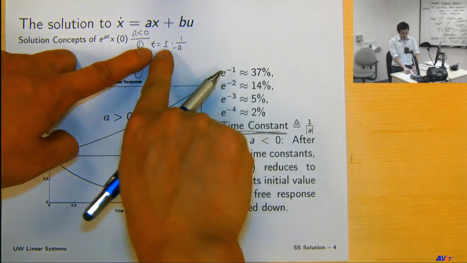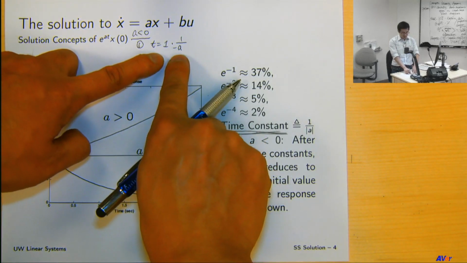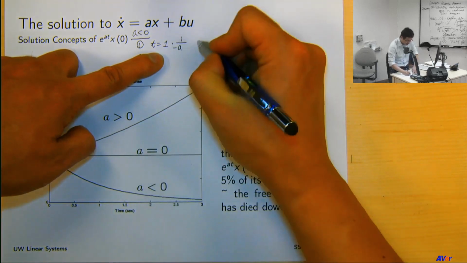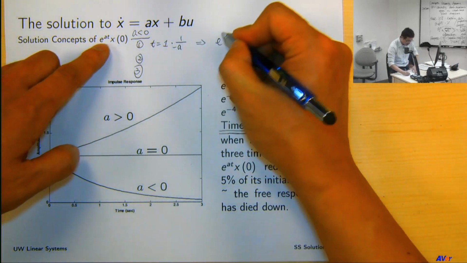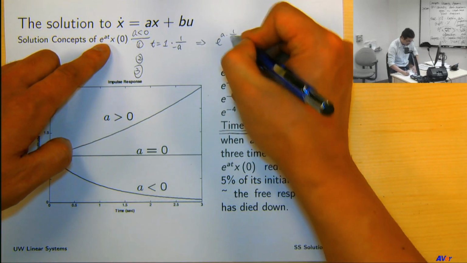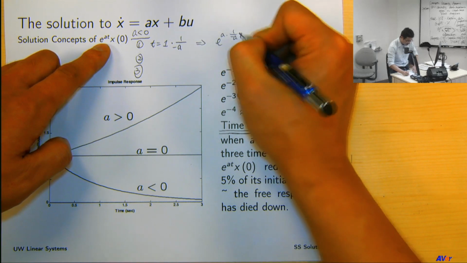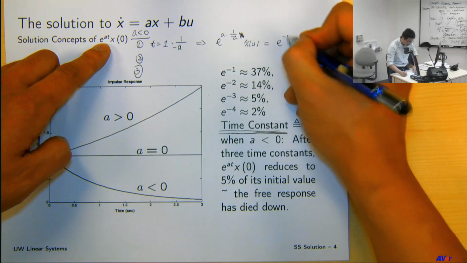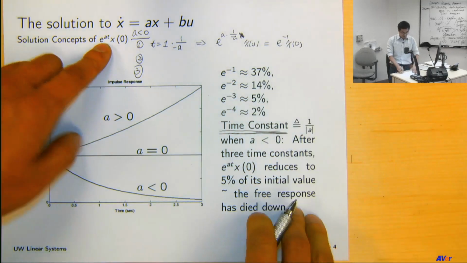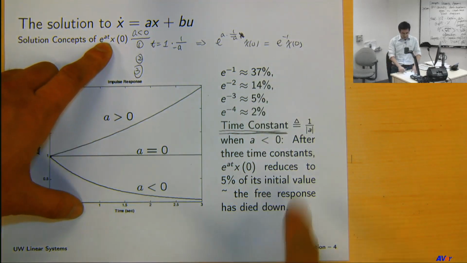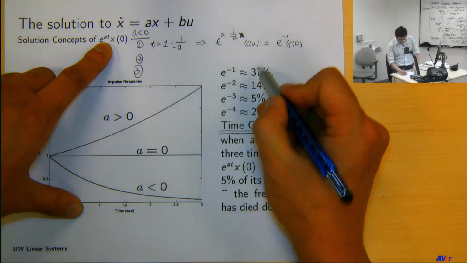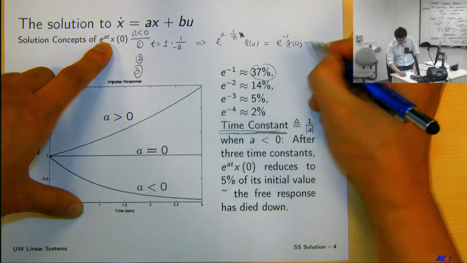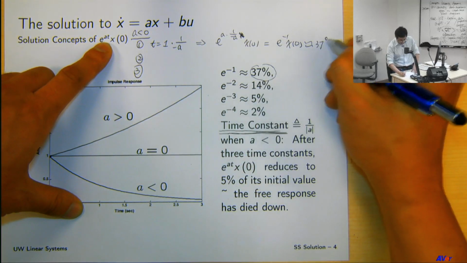So if t is 1 over negative a, then the response is e to the a times 1 over negative a, times x0, and it equals e to the negative 1 times x0. So this value is about 37% of x0.